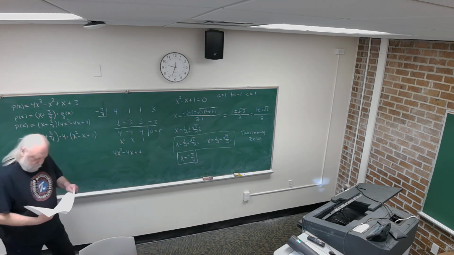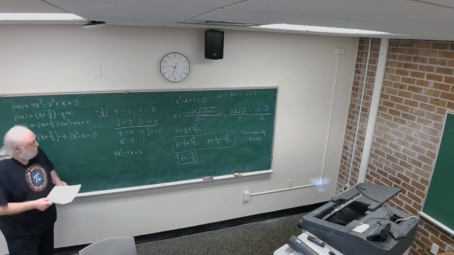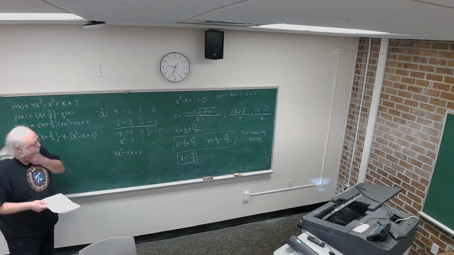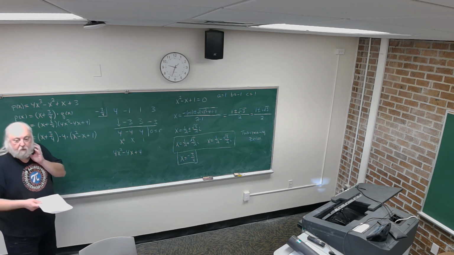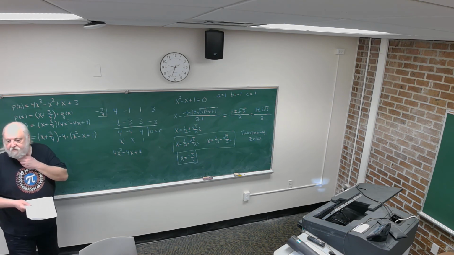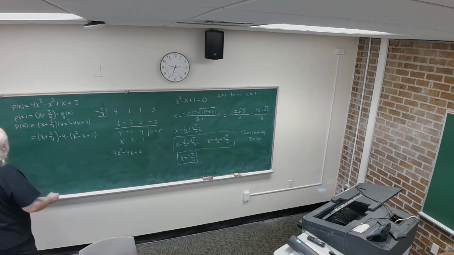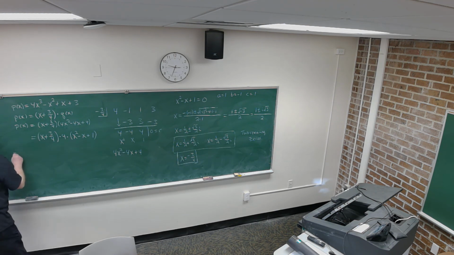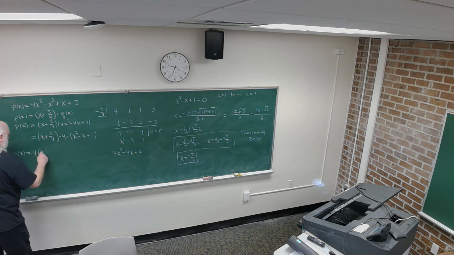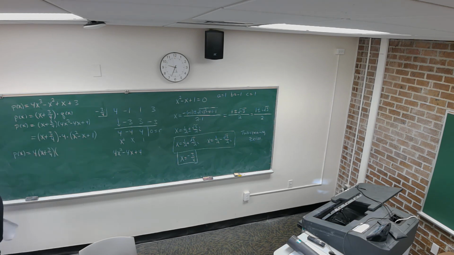Okay. Any questions on that, ladies and gentlemen? Okay. And now you can do the complete factorization of p of x. Bring the 4 out front, multiply it by x plus 3/4, and then write out the factors of x squared minus x plus 1.